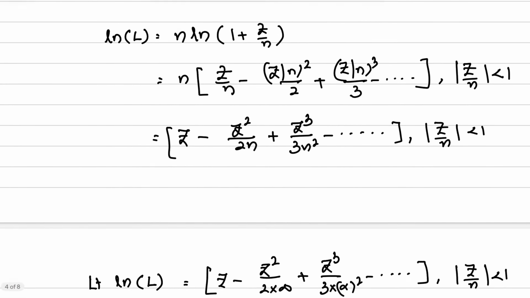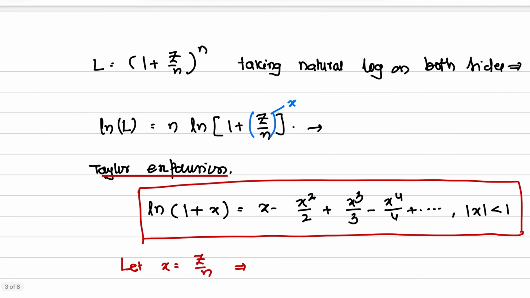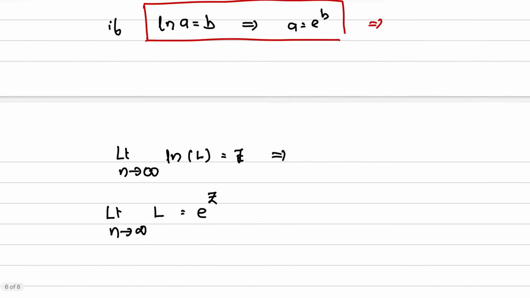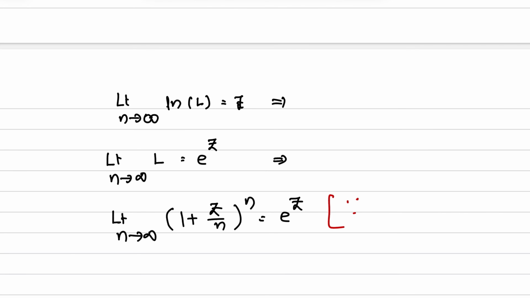What is that L we have assumed? L is assumed as (1 plus z by n) to the power of n. That implies limit n tends to infinity, (1 plus z by n) to the power of n is equal to e to the power of z, because we have assumed L is equal to (1 plus z by n) to the power of n.